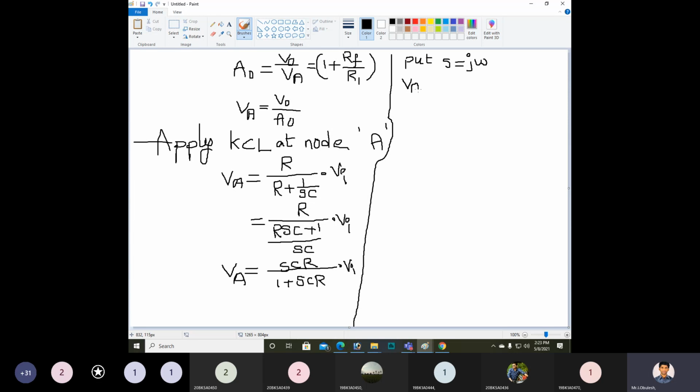VA is equal to, if you put S equals j omega in the equation, j omega CR divided by 1 plus j omega CR, into Vi.